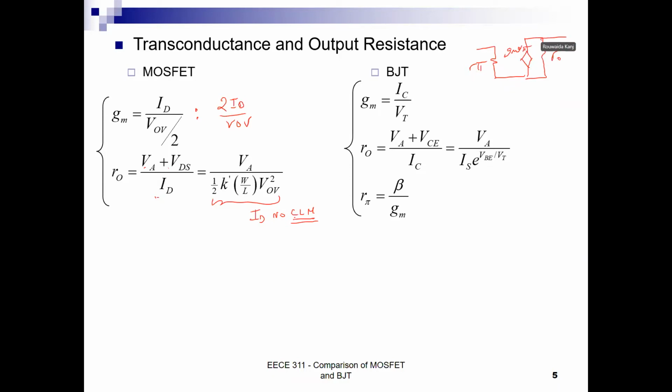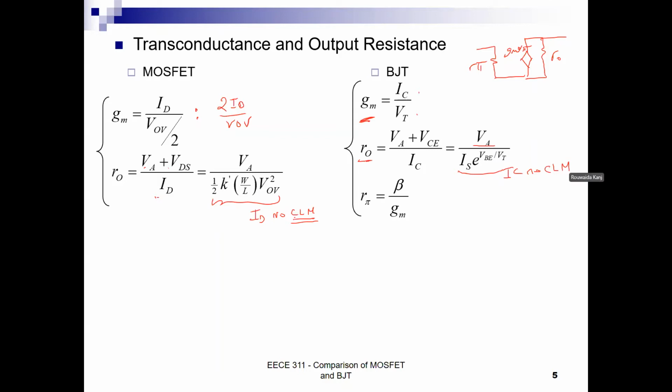I need to know GM. GM is current over voltage, IC over VT. Remember it, but it doesn't have the two, and you will have the slides anyway in the final. And then RO can be derived also as VA over IC with no channel length modulation.